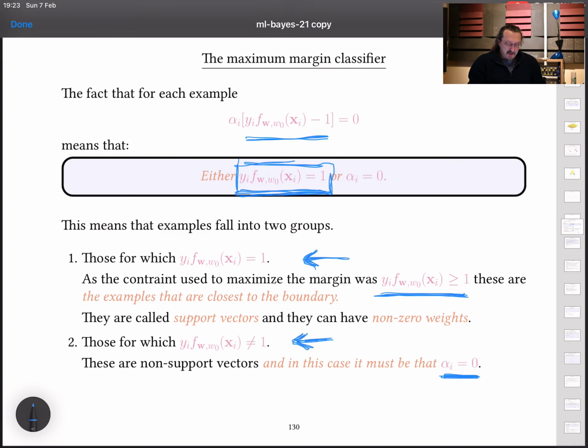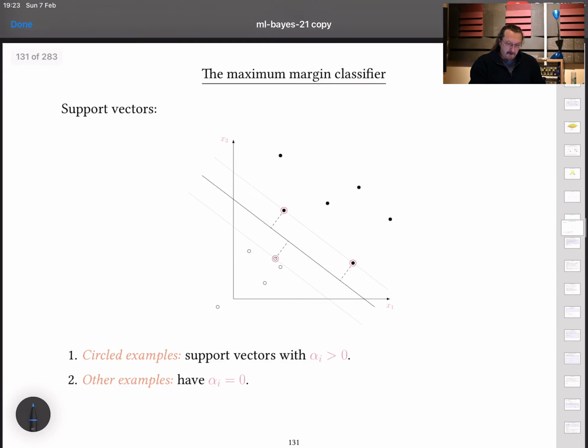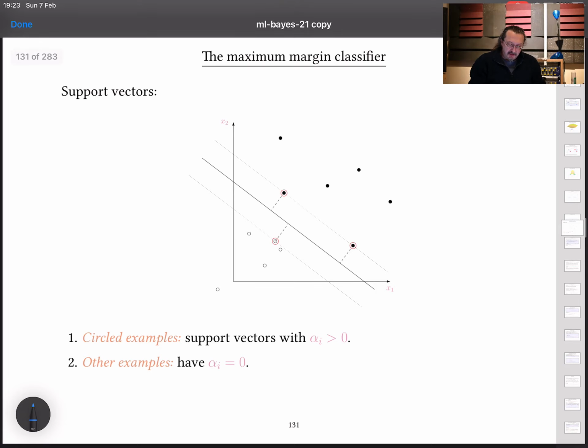Now, why might that be nice? Well, let me just give you the diagrammatic summary first, just to fix this in your heads. The circle examples are the vectors with positive non-zero Lagrange multipliers alpha, and those are the closest ones to the decision boundary, and the other examples are the ones with zero Lagrange multiplier.